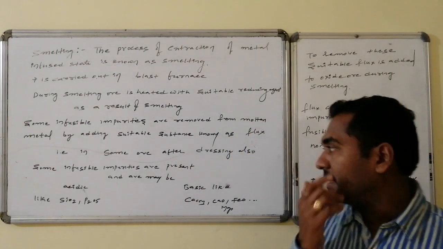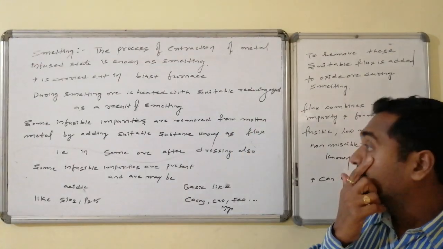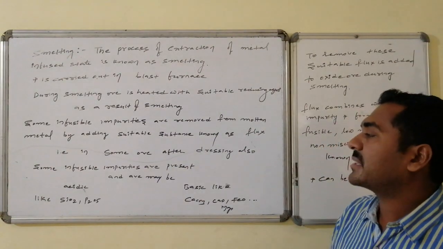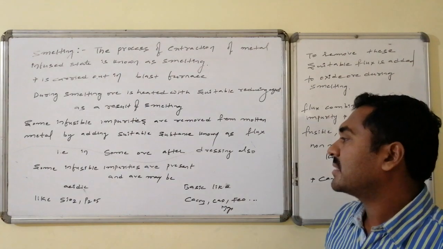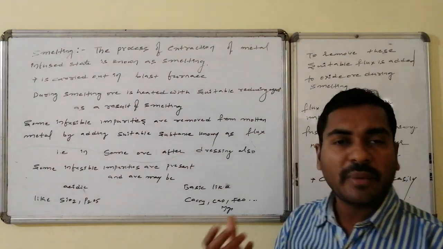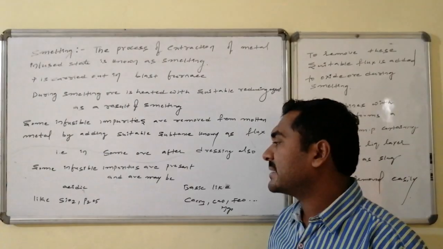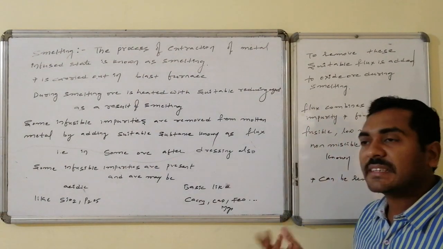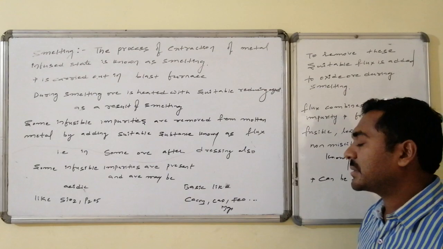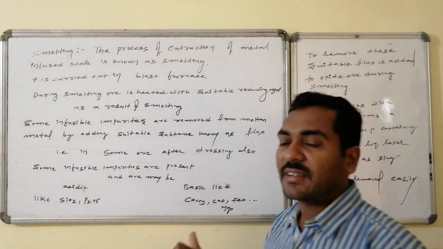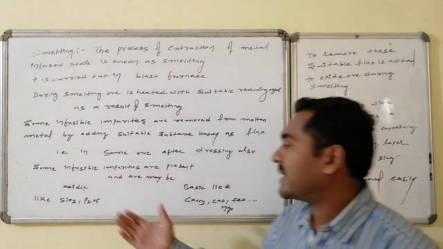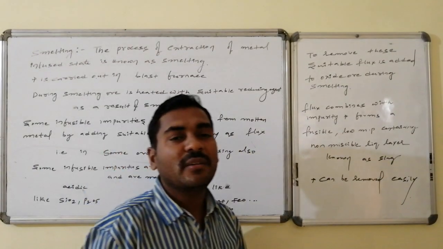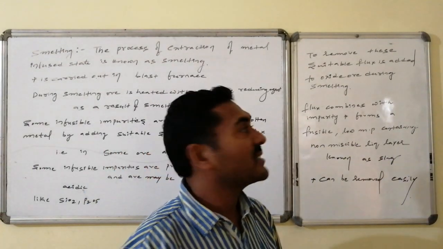In some ores, after dressing also, some infusible impurities with higher melting points are present. By their nature they may be acidic, like silicon dioxide and phosphorus pentoxide, or basic, like calcium oxide, calcium carbonate, magnesium oxide, and ferrous oxide; these are non-metal oxides and metal oxides. For the removal of these impurities we have only one process, the smelting process.